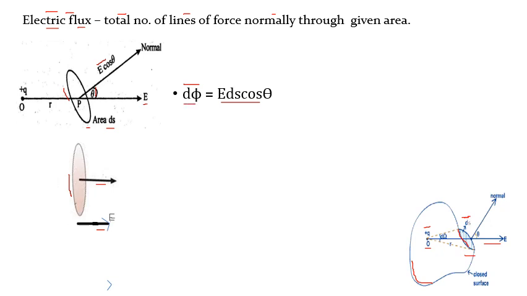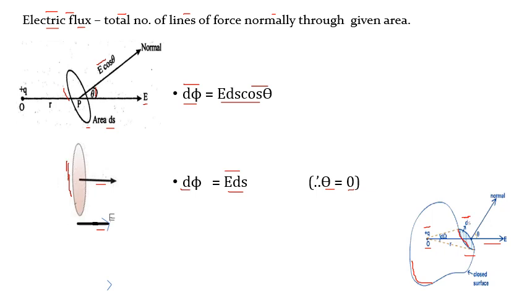What is electric flux, or how many electric lines of force are passing through this area? Tell me. See, this is that value. dφ is simply E into ds, because theta is 0 and we know cos 0 is 1. That's why this E into ds is the electric flux through this area.